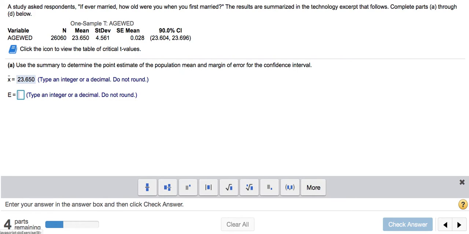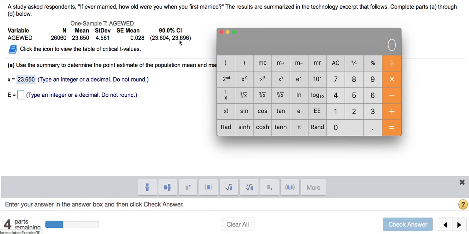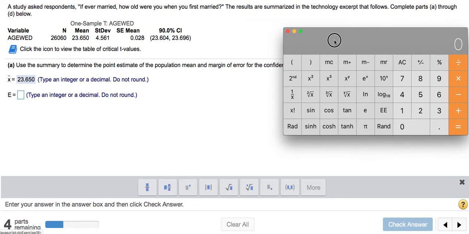One way to figure this out is if you have a calculator, you could take the larger number in the interval and subtract off the middle, and that would tell you the error of it. So let's see, I'll do 23.696, and I'll subtract the mean, which is 23.650, and I get this number, which I'm not going to round, but it's 0.046.